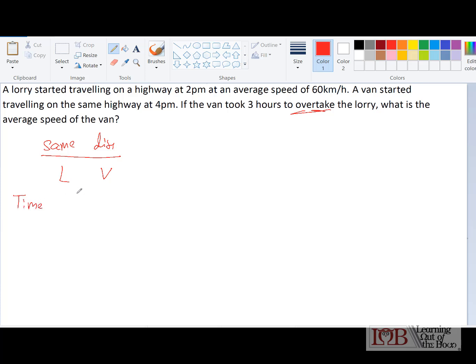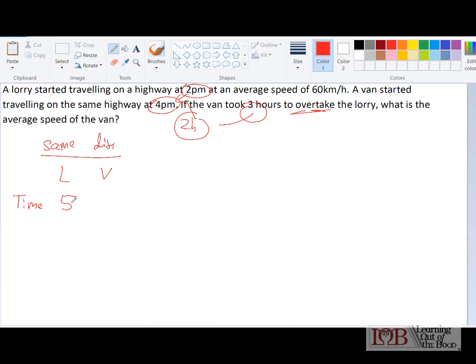So we have L and V, and the time will be, okay, so let's see what happens. For the lorry, already traveling from 2 to 4, which is 2 hours here, and then that's when the van actually started to move. Yeah, so you need to add another 3 hours.